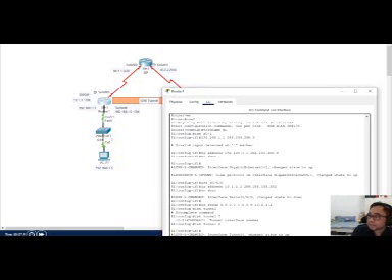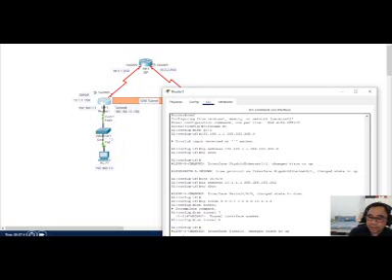The tunnel's IP address from this router is 192.168.10.1, subnet 255.255.255.252. Yeah, that's correct.